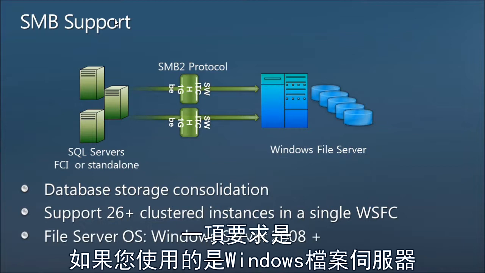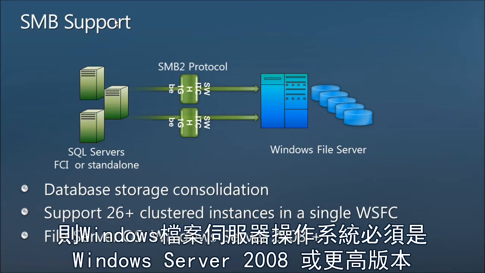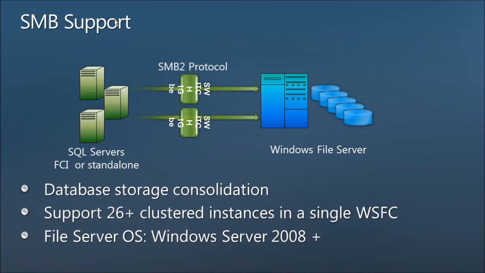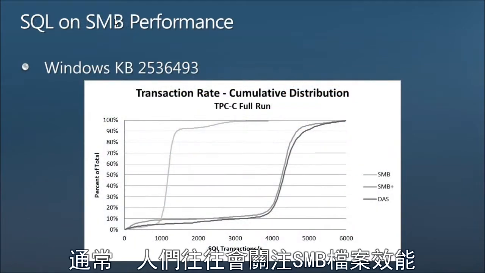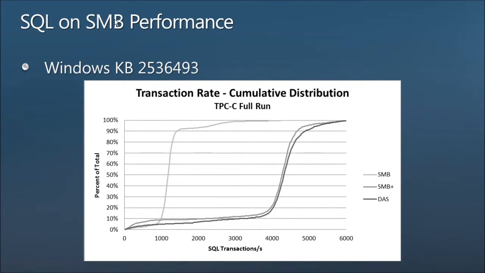One requirement is that if you are using a Windows file server, the Windows file server OS has to be Windows Server 2008 or later. Usually people will have concerns about the SMB file share performance.